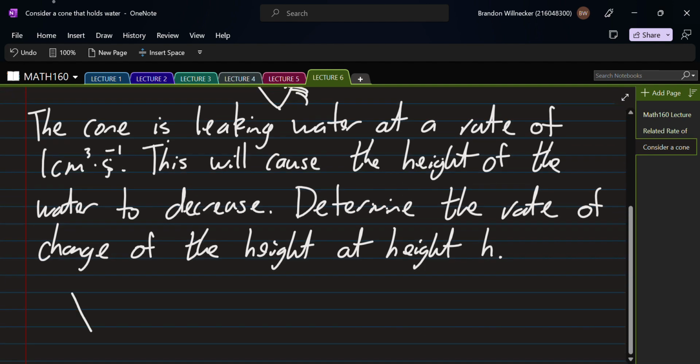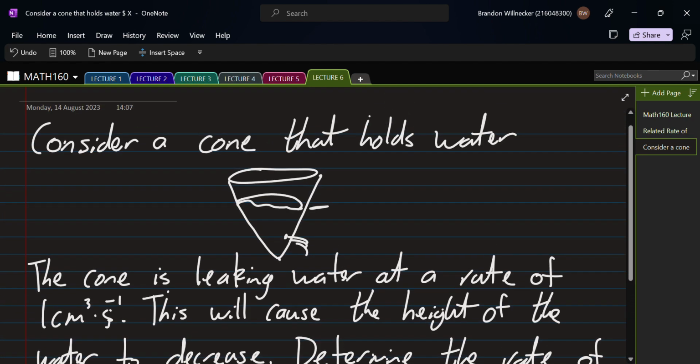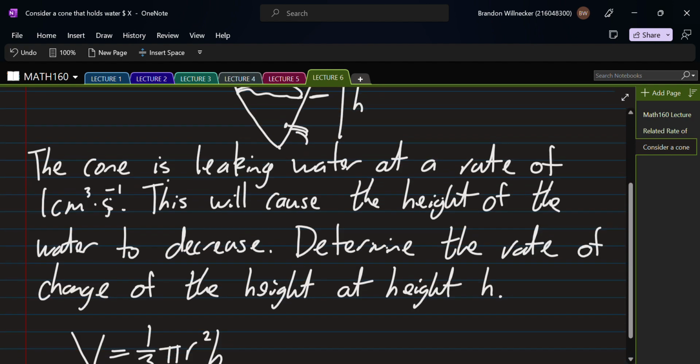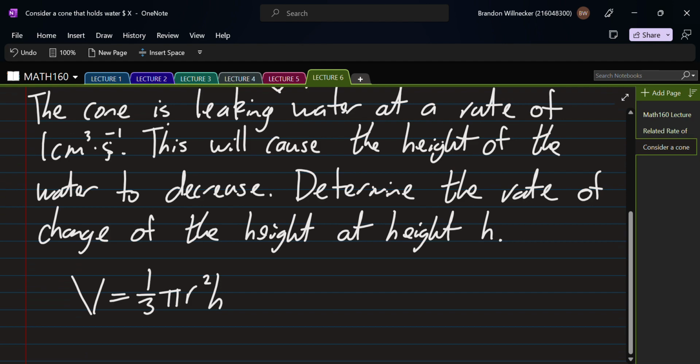The volume is going to be 1/3 pi r squared h. So r is the base radius here, so that's r, and this is h. What we want to do is determine the rate of change of the height. So how can we do that?